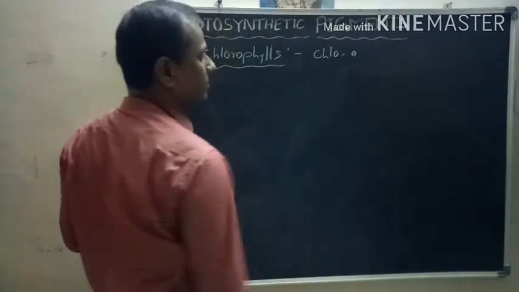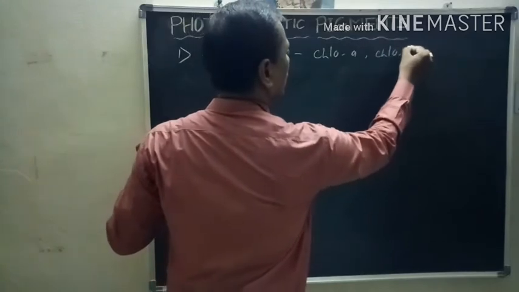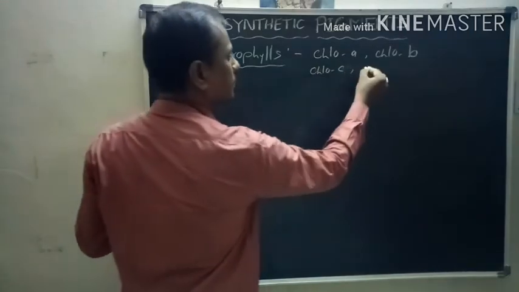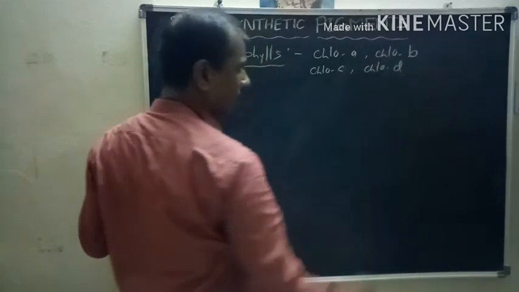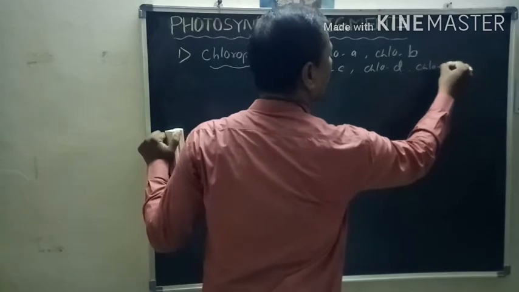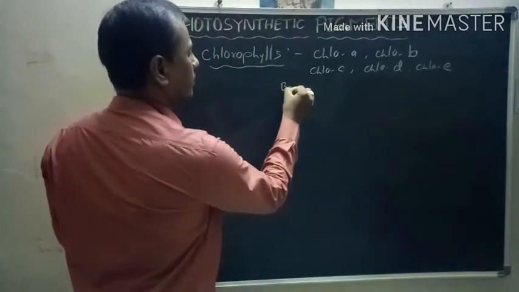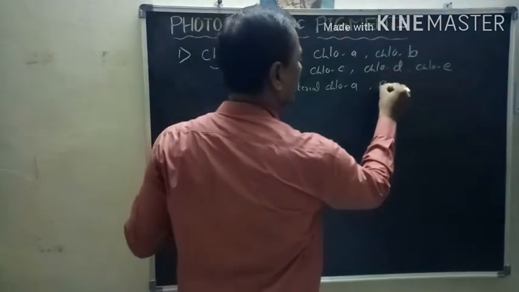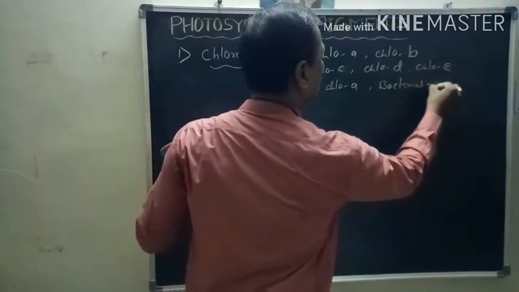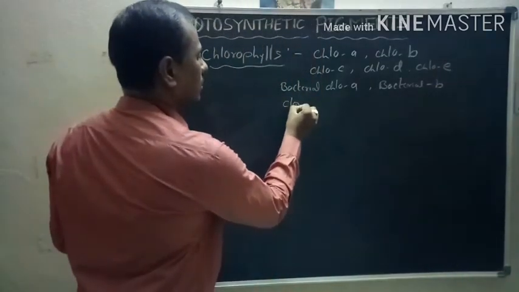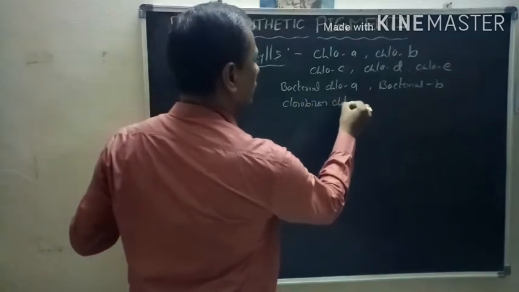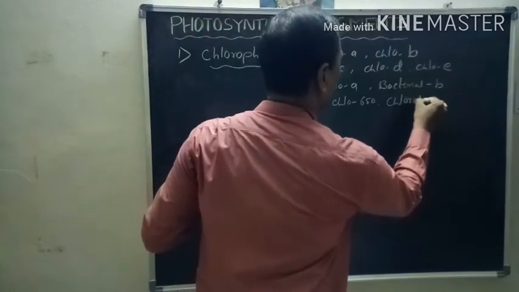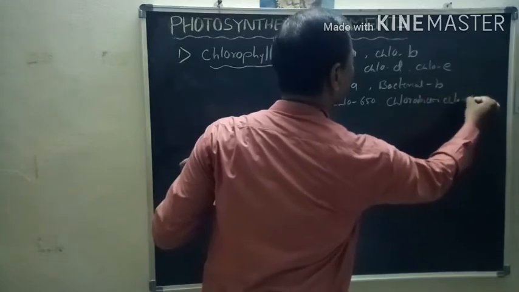See, chlorophyll A, chlorophyll B, chlorophyll C, chlorophyll D, chlorophyll E, bacterial chlorophyll A, bacterial chlorophyll B, chlorobium chlorophyll 650 and chlorobium chlorophyll 660.